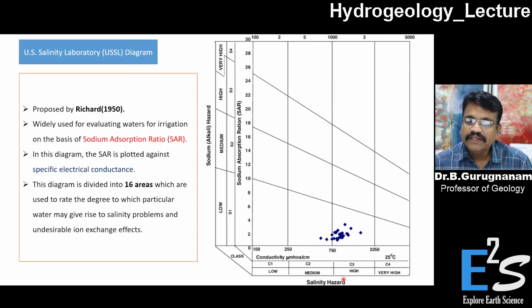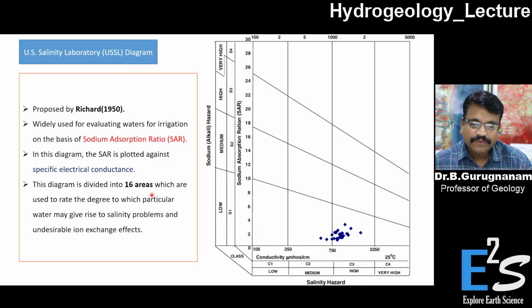This is a salinity hazard diagram. Sodium is taken on the y-axis and the EC is taken on the x-axis. So this is how the samples are taken with respect to both axes. In this diagram, sodium hazard is plotted against electrical conductivity.